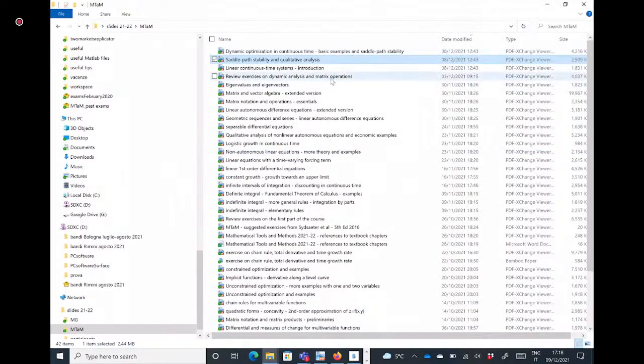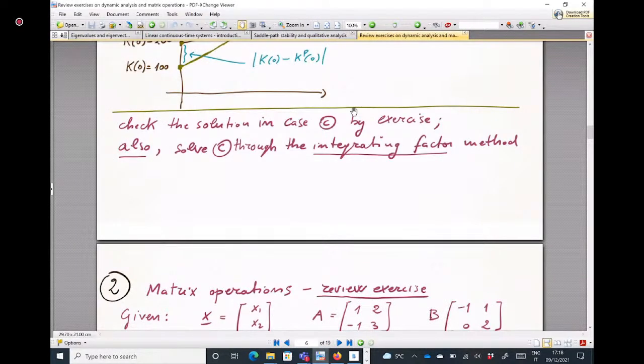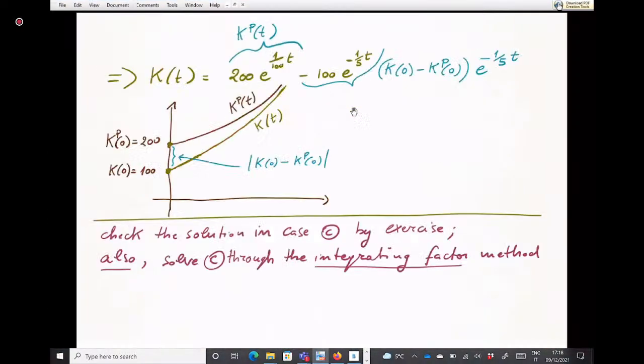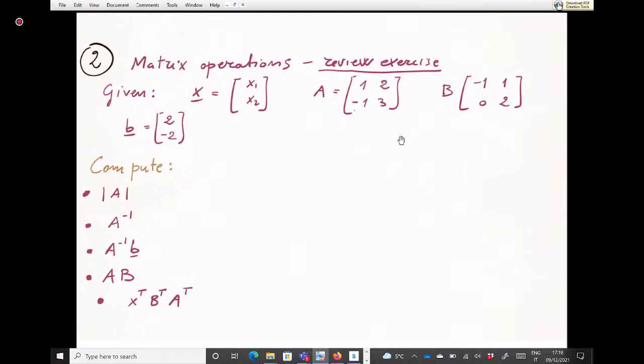on matrix operations, because as I explained once at the beginning of the course, the purpose of this course is twofold. First of all, I want to show you something about dynamic analysis, and we use matrices in dynamic analysis, especially eigenvalues.